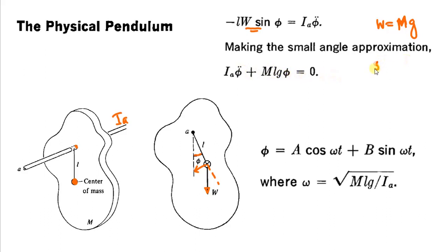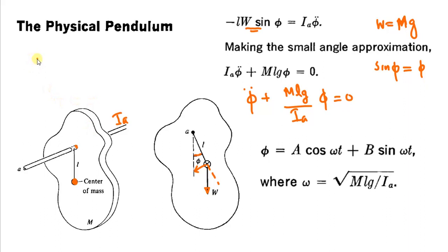And again we have taken the approximation sin phi equal to phi for small values of phi. So this equation can be written as phi double dot plus mlg by IA into phi equal to 0.